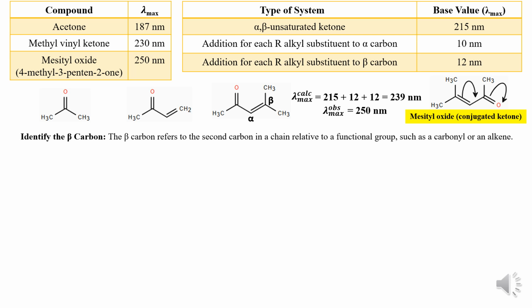So mesityl oxide is a conjugated ketone where the carbon-oxygen double bond is conjugated with carbon-carbon double bond. And there is delocalization of pi electrons due to mesomeric effect. Now mesomeric effect refers to polarity produced in a molecule as a result of interaction between two pi bonds.